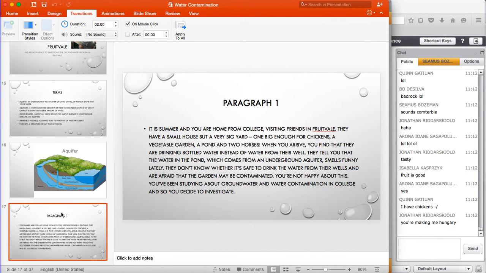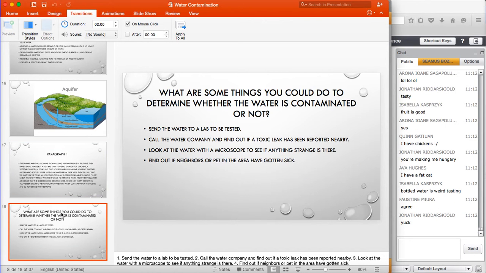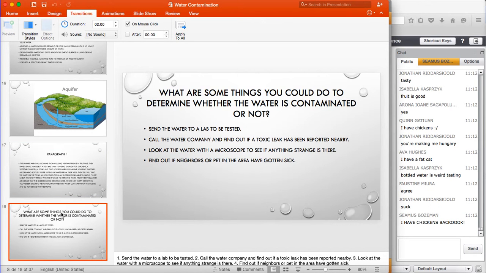They don't know whether it's safe to drink the water from their wells and are afraid that the garden might be contaminated. You're not happy about this. You've been studying groundwater and water contamination in college, and you've decided to investigate. So, questions. What are some things you could do to determine whether the water is contaminated or not?